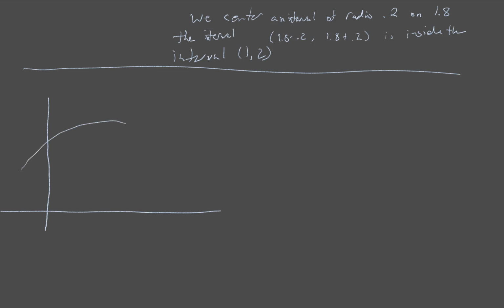And if we're going to have a limit, I should put a hole in the function so that it doesn't really have to be there, but I'm going to keep a hole there just so we don't really care about what happens at that point specifically. Okay, and we're going to say that this limit is L.